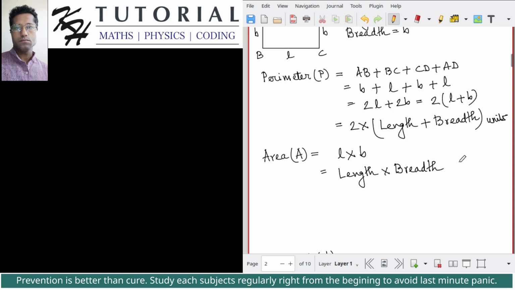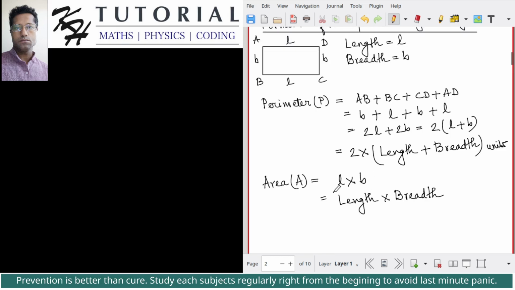Similarly, the unit of the area of the rectangle, length into breadth, is this much square units, where the square units will be either centimeter square if the length and breadth are given in centimeter, or meter square or square meter if the dimensions of the length and breadth are given in meter.